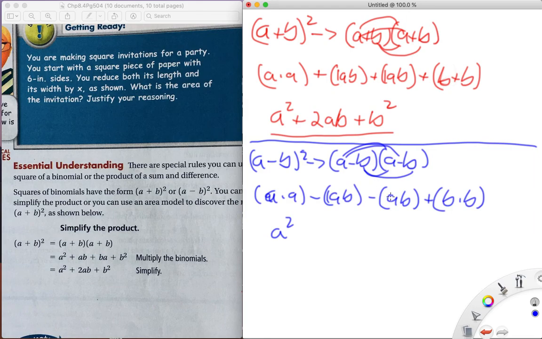Remember, there's a 1 in front of each. Negative AB plus negative AB is negative 2AB. And then B times B is B squared. So when the operation is a minus sign, your guideline is A squared minus 2AB plus B squared.